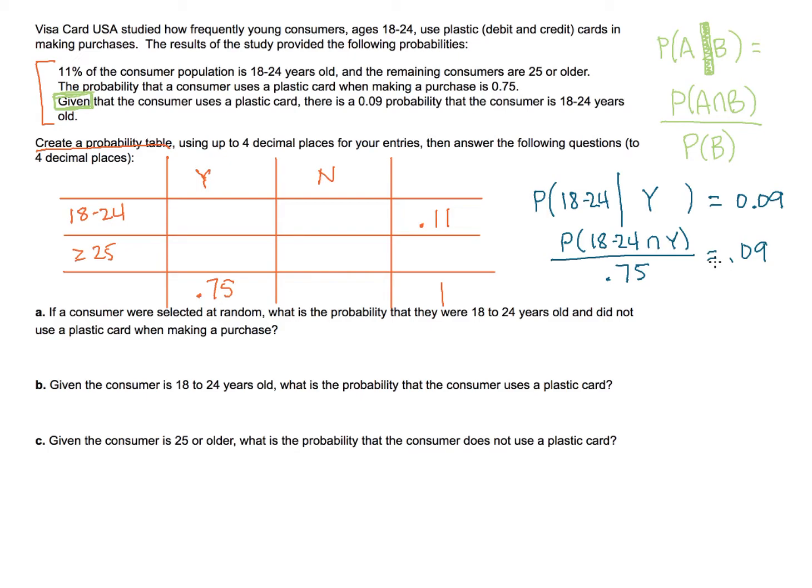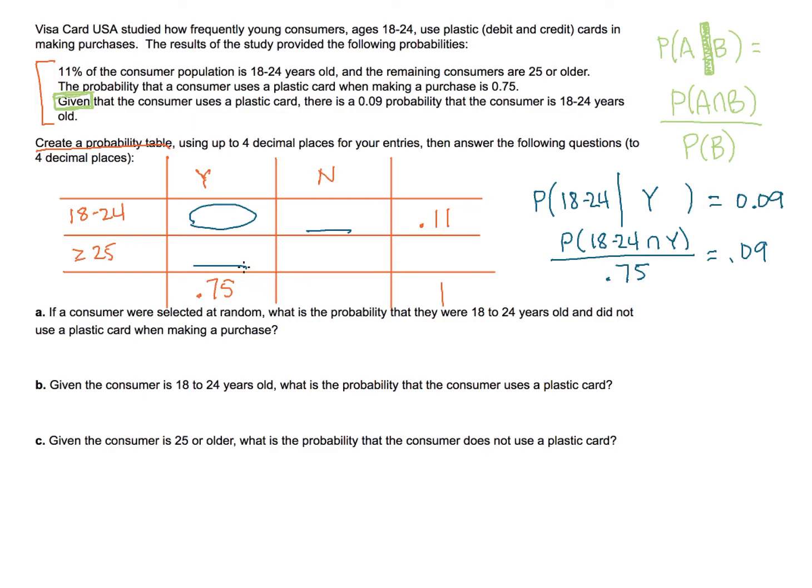So hopefully you see here that we have enough information that we can do some reverse calculating, just do some algebra to figure out what value this will be. And so once you do that, you'll be able to fill in this number right here. And once you fill in that number, you're going to be able to calculate this and this, because you can think about this plus this equals 0.75, this plus this equals 0.11.